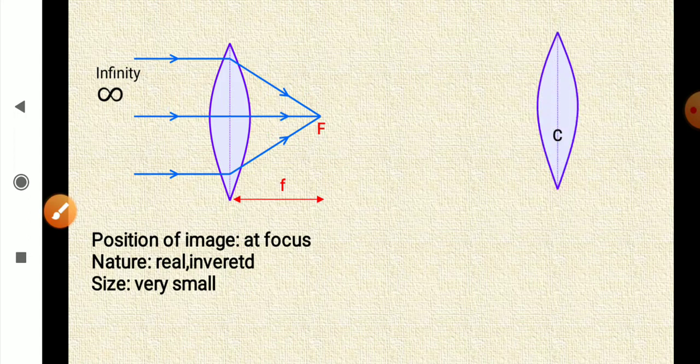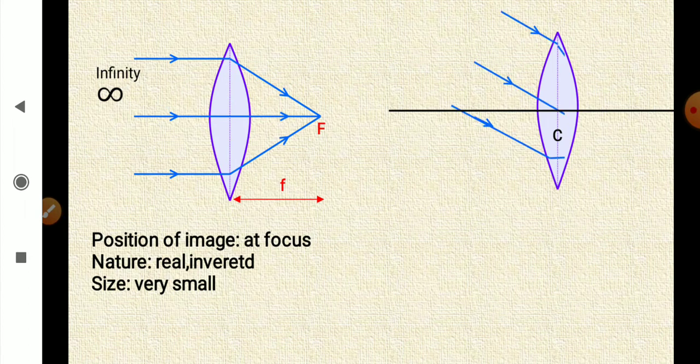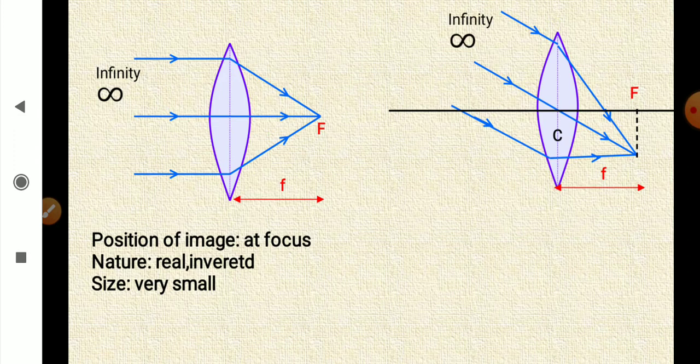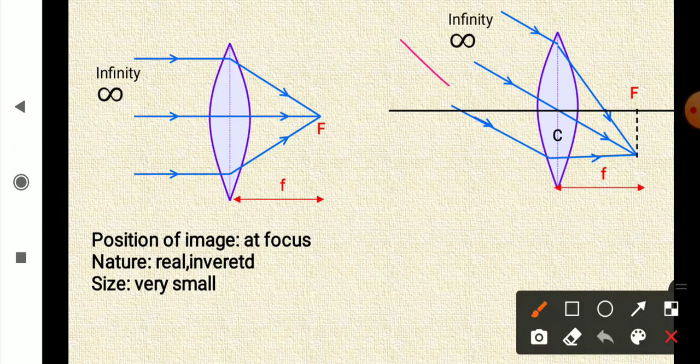But what if the beam is not parallel to principal axis? See, look at it. The rays are coming from infinity only, but they are not parallel to principal axis. But then they will meet at a point in the focal plane.